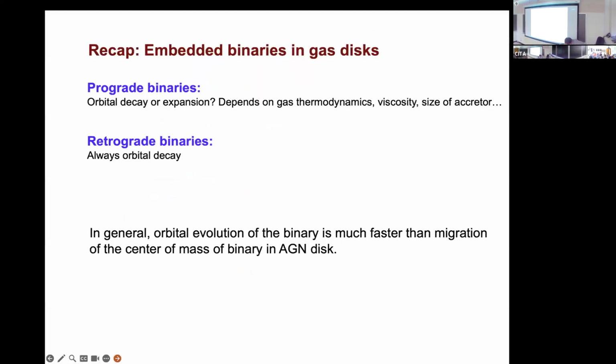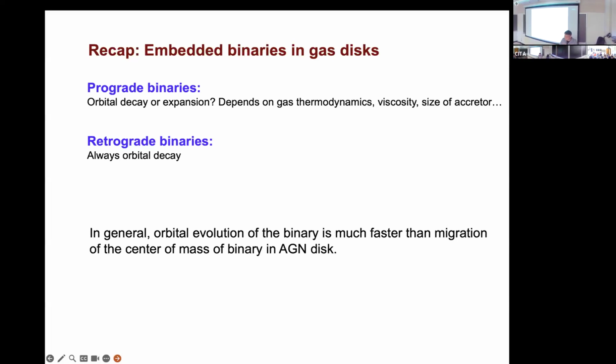So it turns out that this is actually a complicated problem. If you ask me whether the orbit will decay or expand when we put a binary in the AGN disk, the answer is actually not so clear. It depends on the gas thermodynamics, on viscosity, and on how each black hole accretes.